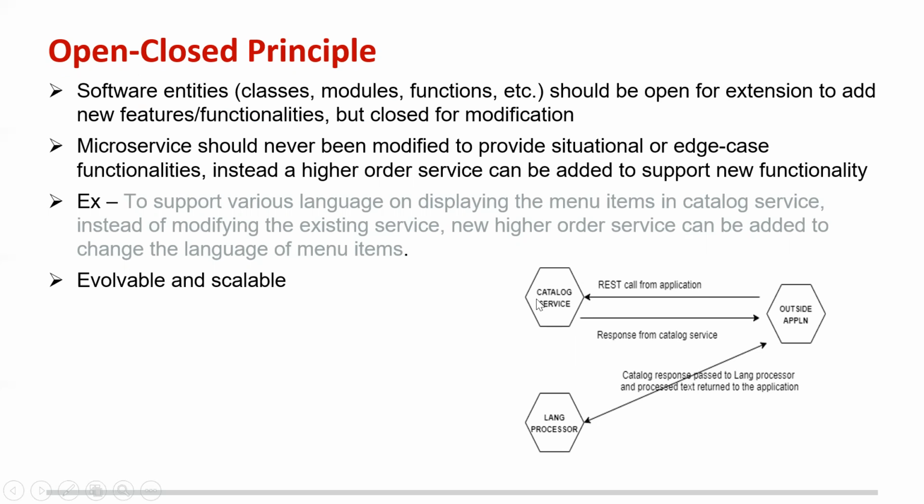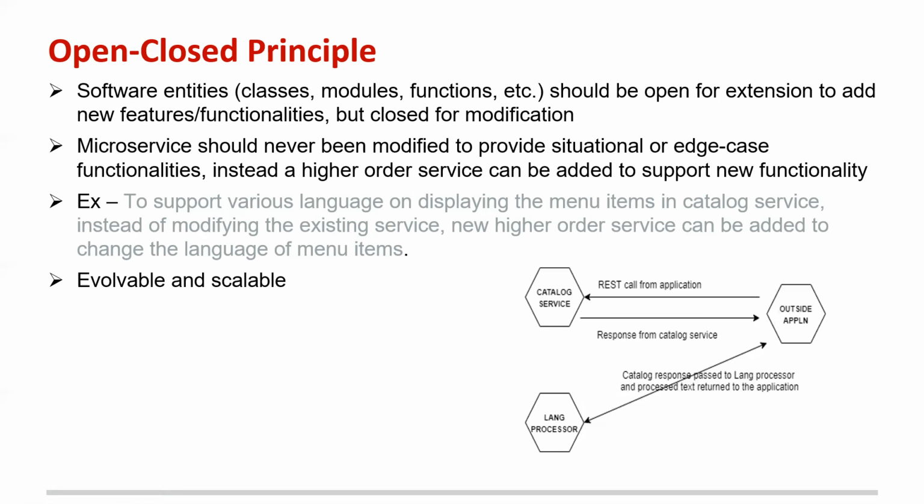Just consider that right now the catalog service is displaying all the catalogs, that is the menu items and the categories, in a single common language, maybe English. Suppose in future, the customer or client would like to display the menu items in the native language.